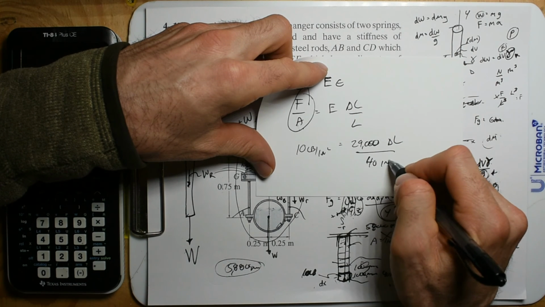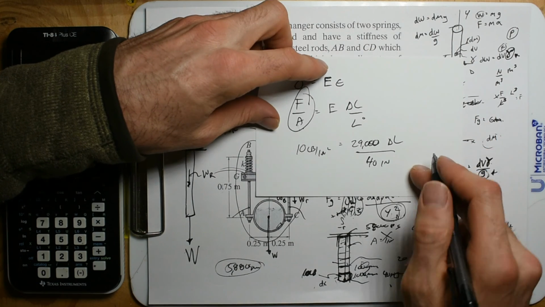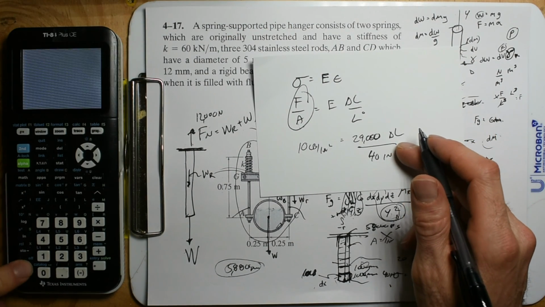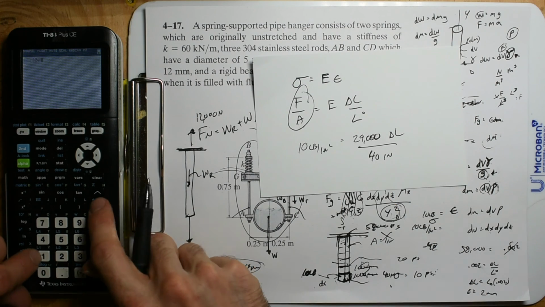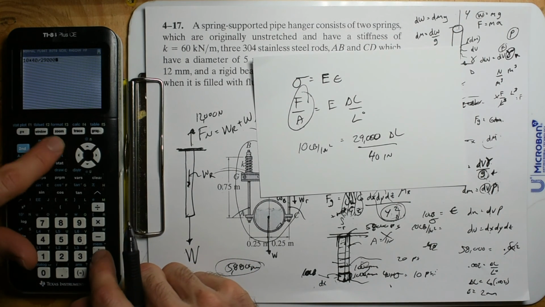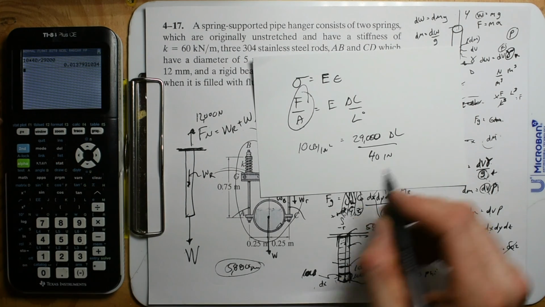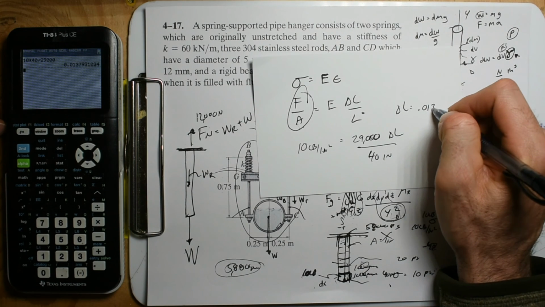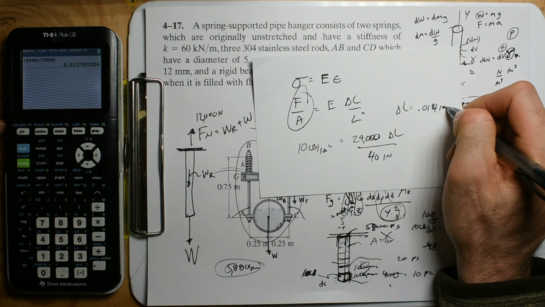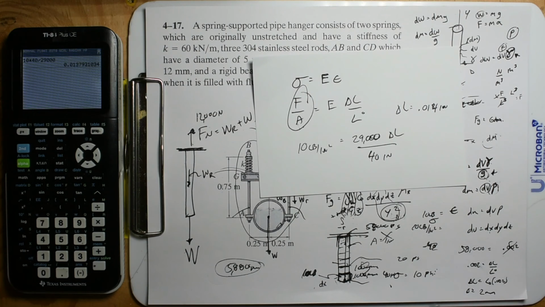That's our initial length, and we want to know our change in length. So we're just going to do 10 times 40 divided by 29,000. Our change in length is going to be 0.014 inches. So not much.